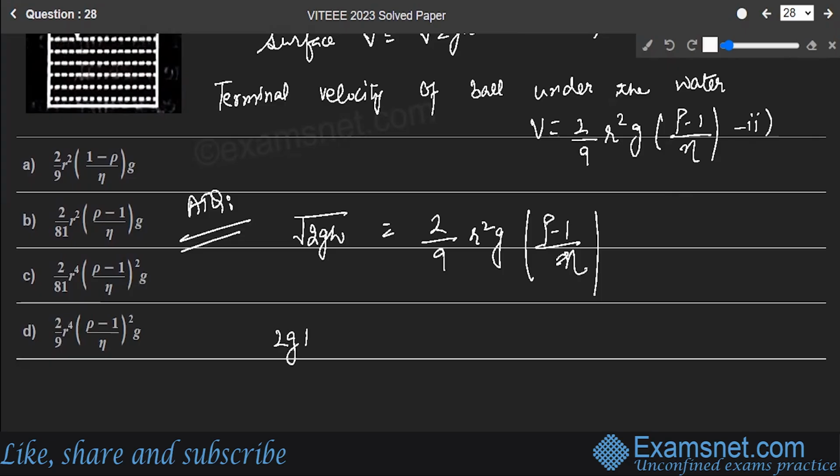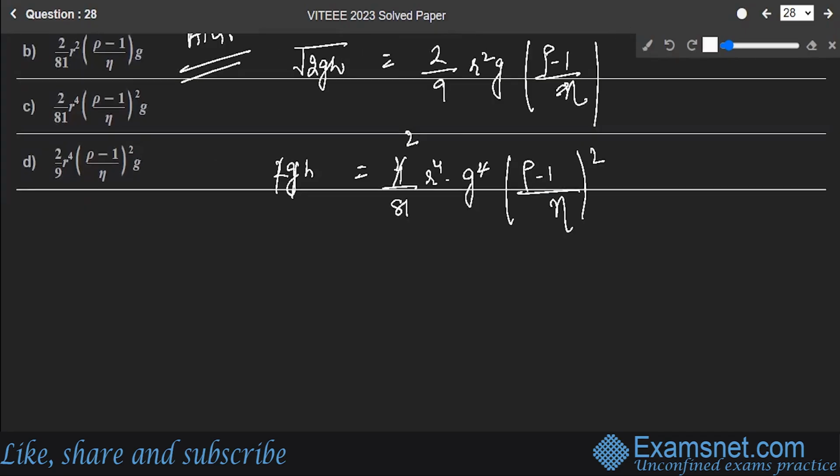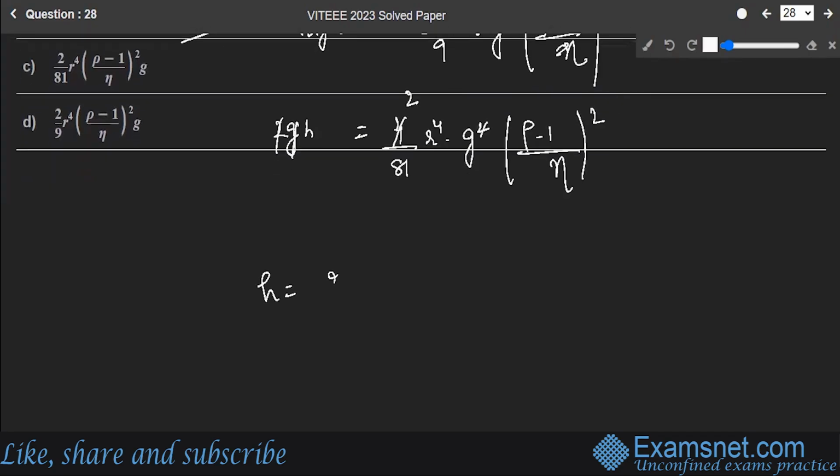You have 2gh is equal to 4 upon 81 r power 4 g square (rho minus 1 upon eta) whole square. This g and g will cancel, and this will be 2 over here. And you will have h is equal to 2 upon 81 r power 4 (rho minus 1 upon eta) whole square into g. So this is the answer to the question.